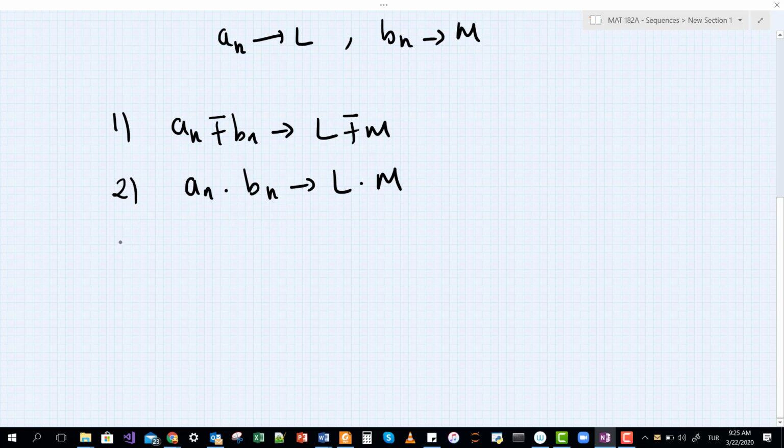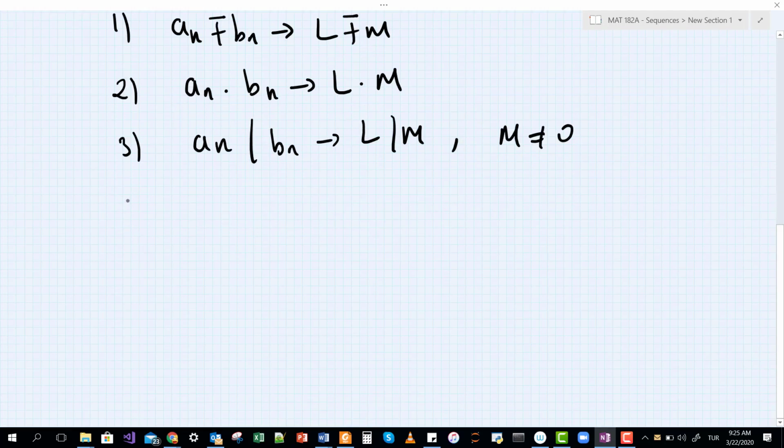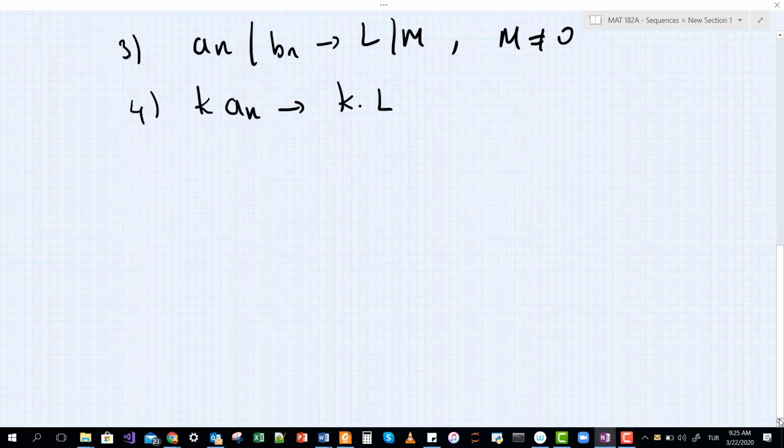And then the same thing for the division operation, as long as M is not 0, otherwise that wouldn't be defined. And the fourth rule was about the constant multiple of any sequence, so you can just multiply the result of the limit by the constant number later.